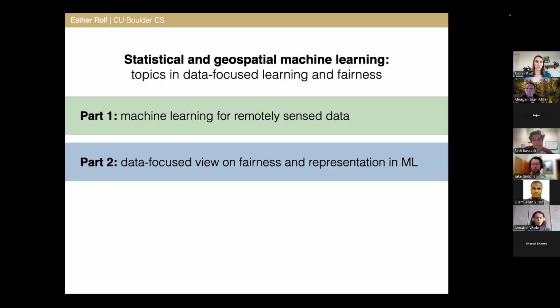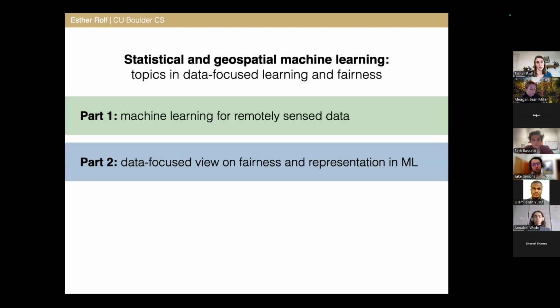So I'll show you a little bit more specifically what that looks like in two ways. The first part of this talk will look at machine learning specifically for remotely sensed global data. And the second part of the talk will look at the other side of that picture.